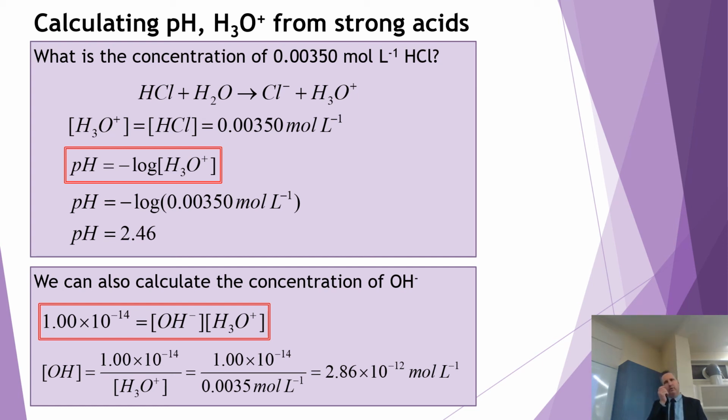Did you know you can actually find out something called the pOH? The pOH? What's that, you say? The pOH is just the negative log of the OH concentration. I'm going to tell you now, if you do the pOH of this, the number you're going to get is 11.54.